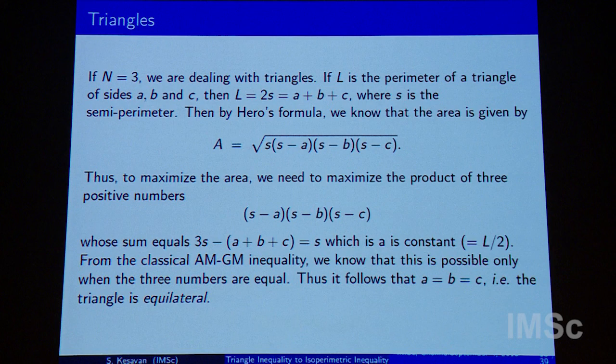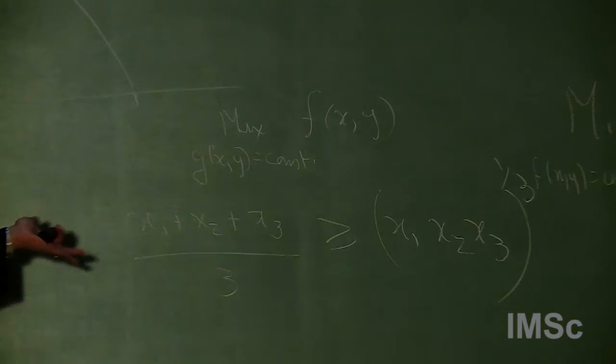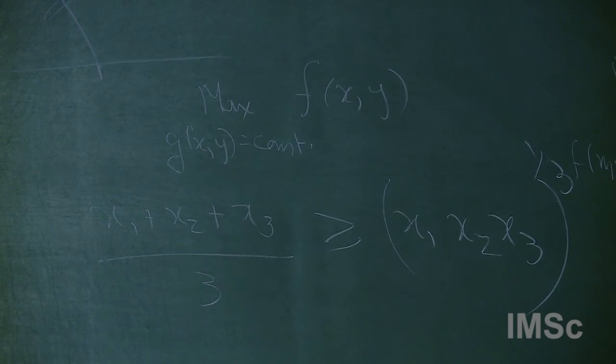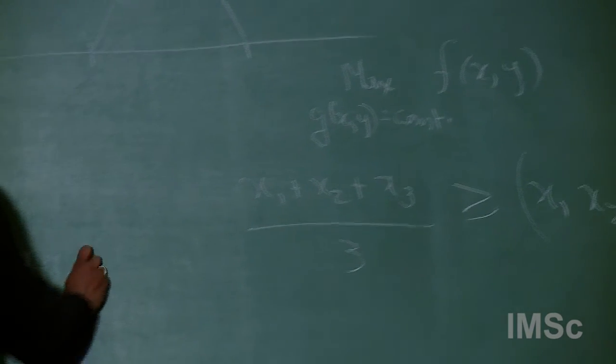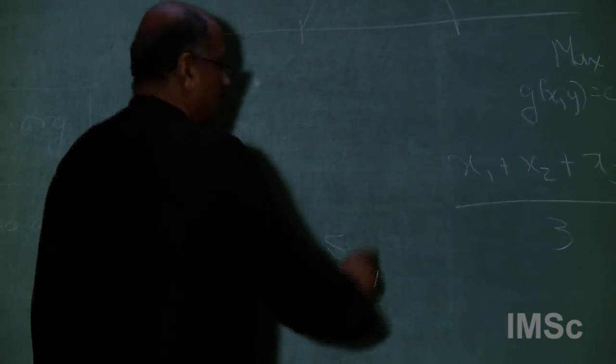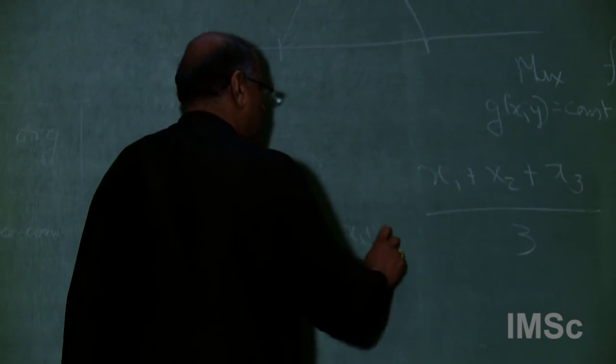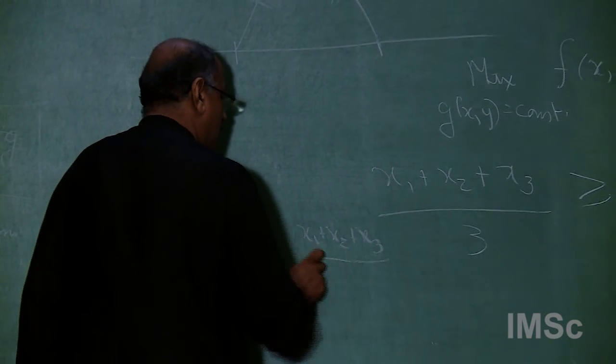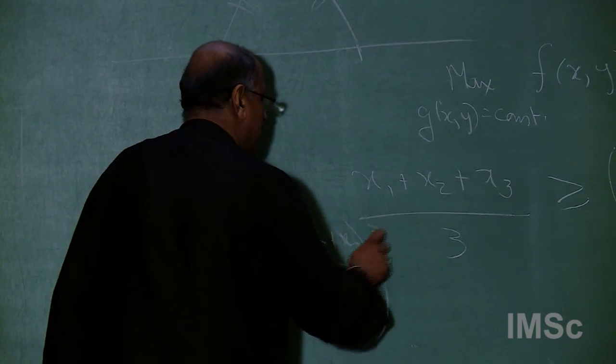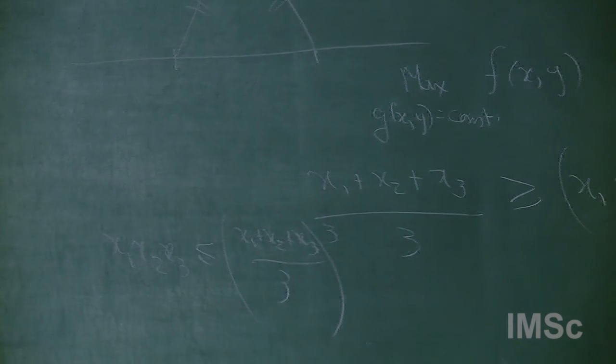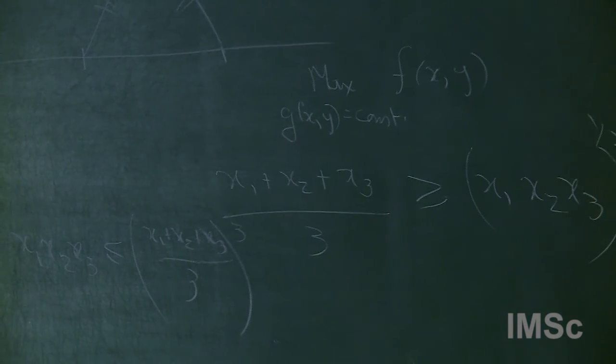So this is the AM GM inequality for any n you have this. So x1 x2 x3 is always less than or equal to (x1 plus x2 plus x3 by 3) whole cube. This is the maximum value you can attain. And when will you attain this value?